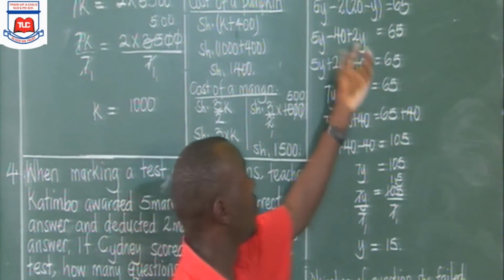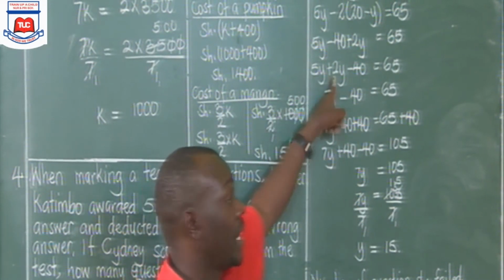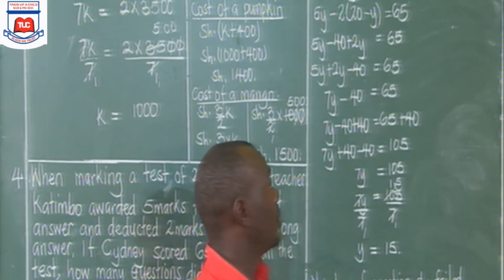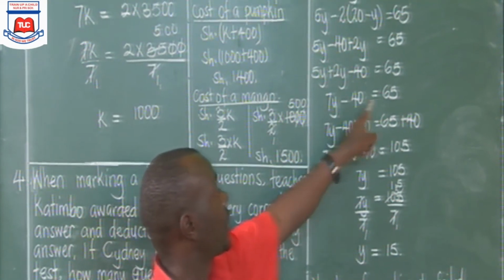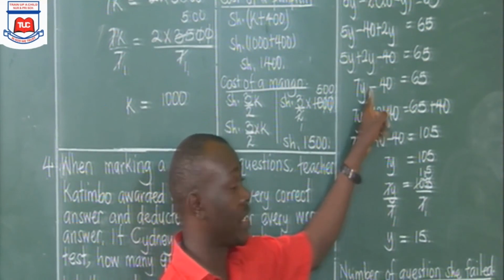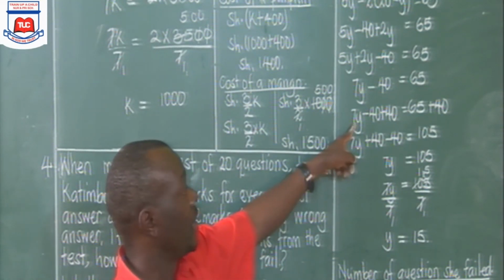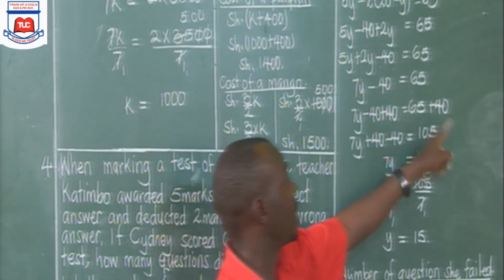Then gather like terms. We have 5y plus 2y minus 40 equals 65. 5y plus 2y gets 7y, minus 40 equals 65. Then this negative 40 is added to either side: 7y minus 40 plus 40 equals 65 plus 40.